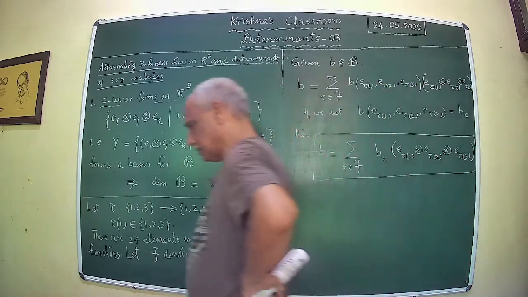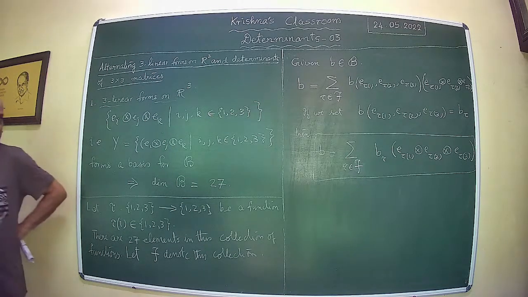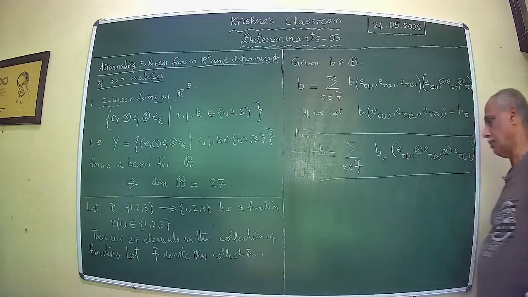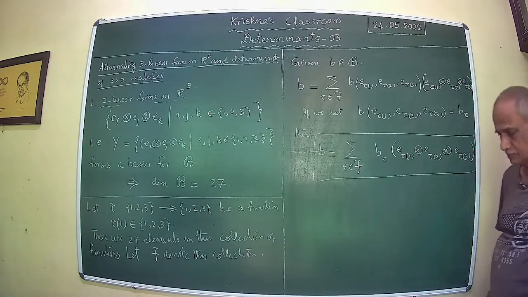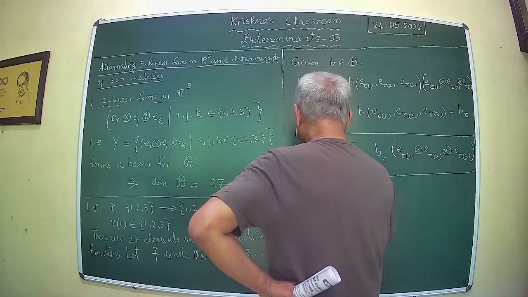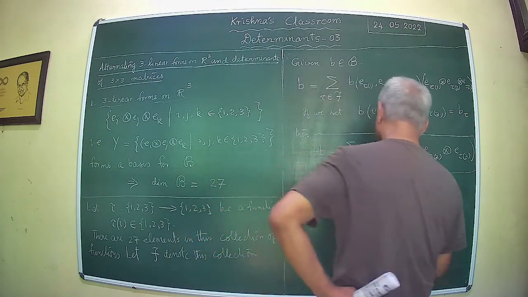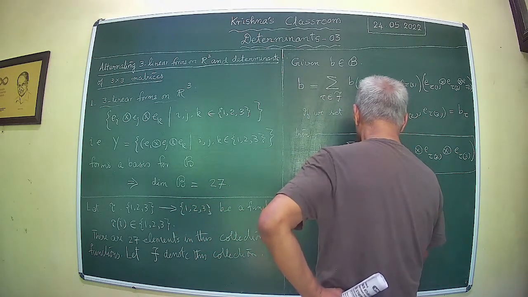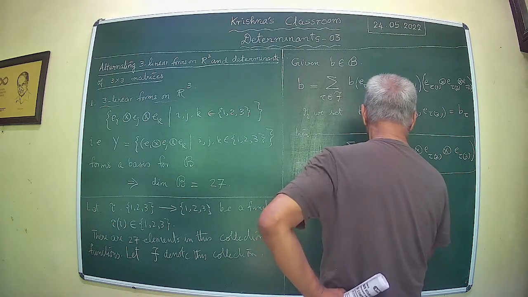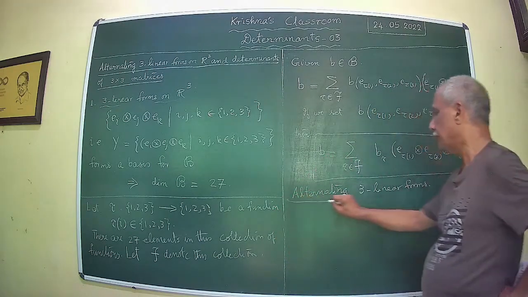Now what we are looking for is the following. Let me make the following statements. We now look at what are called alternating three-linear forms. When do you say something is alternating?